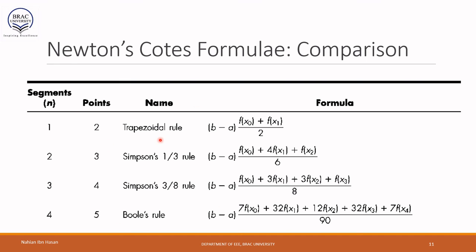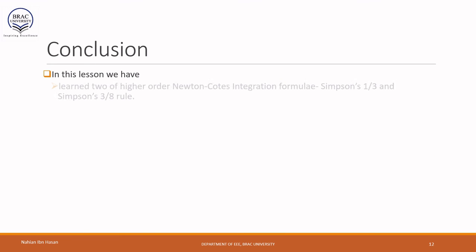In the trapezoidal rule, it was a first order polynomial, that means a straight line. In Simpson's 1/3 rule, it was a second order polynomial, that means a parabola. In Simpson's 3/8 rule, it was a third order polynomial, that's why it is a cubic polynomial. And in Boole's rule, we have a higher order polynomial, actually a fourth order polynomial. So that was the end of this lesson.